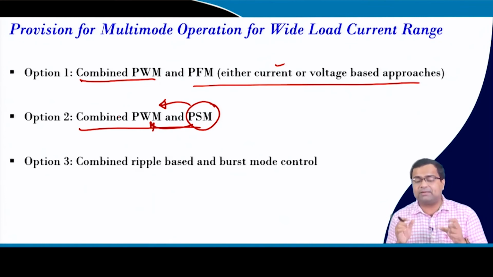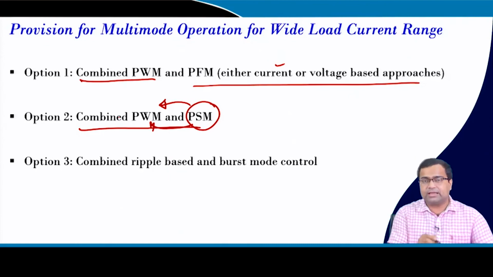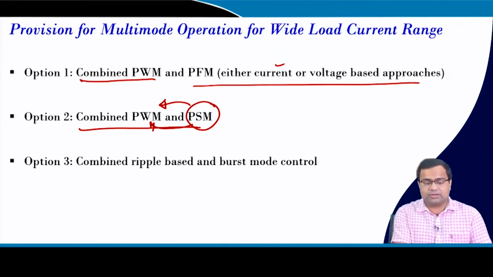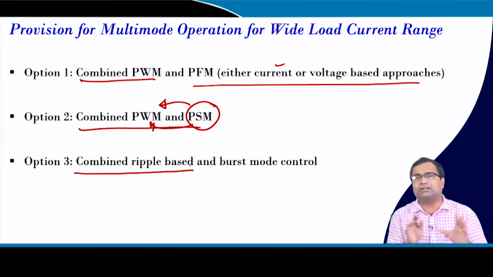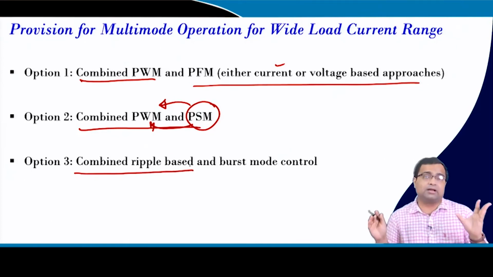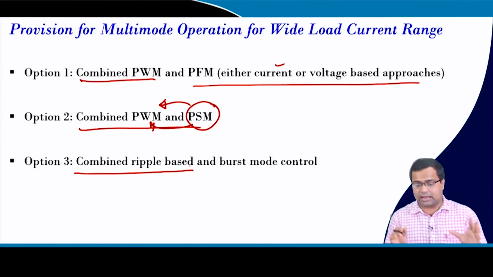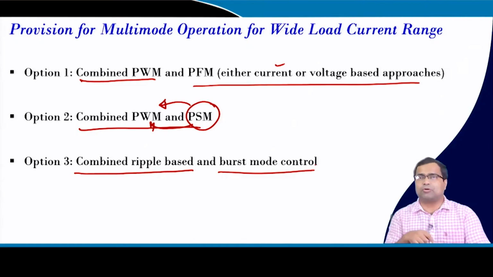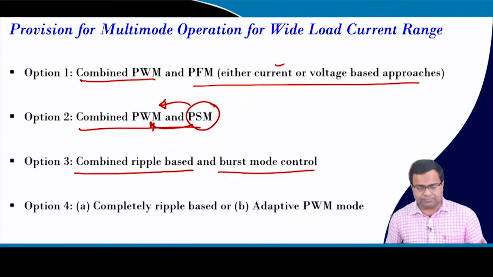Then combine ripple based and burst mode control. That means if you use a purely ripple based, let us say voltage hysteresis based control, then it will operate in voltage hysteresis mode under nominal load current, and when you go to light load, in addition to ripple hysteresis control, we can introduce some burst mode operation, that means PWM clock.